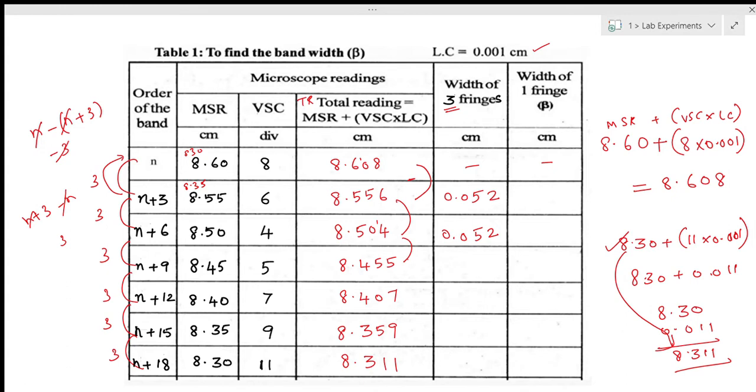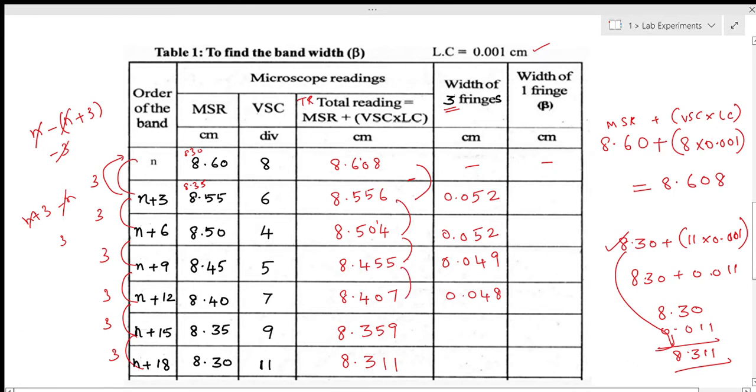8.504 minus 8.455. Your calculator will help you. So I got 0.049. Similarly, 8.455 minus 8.407, I got 0.048.